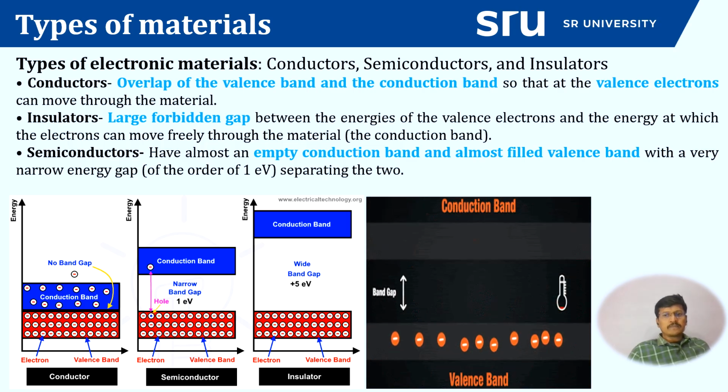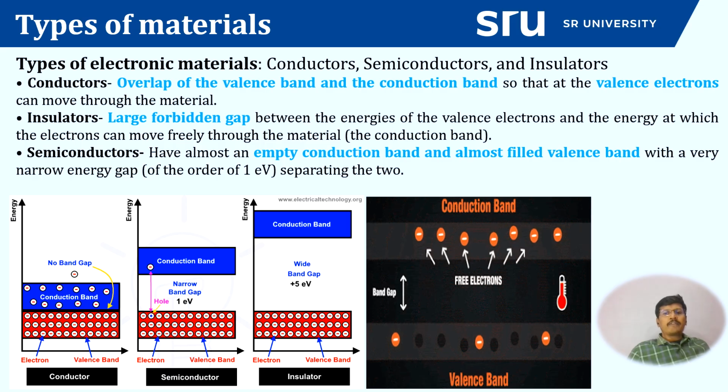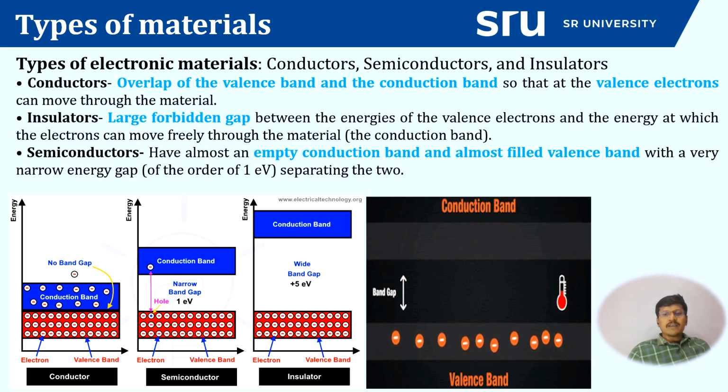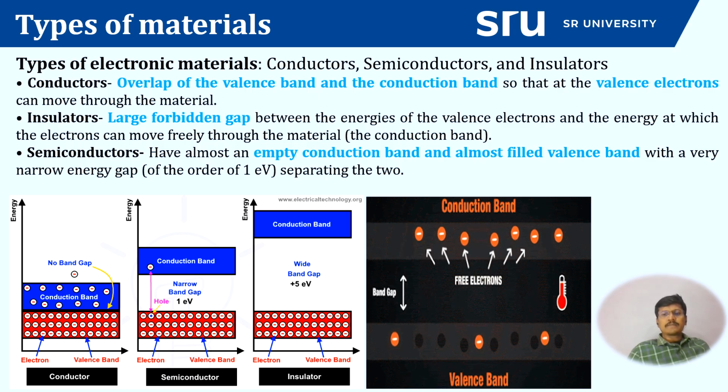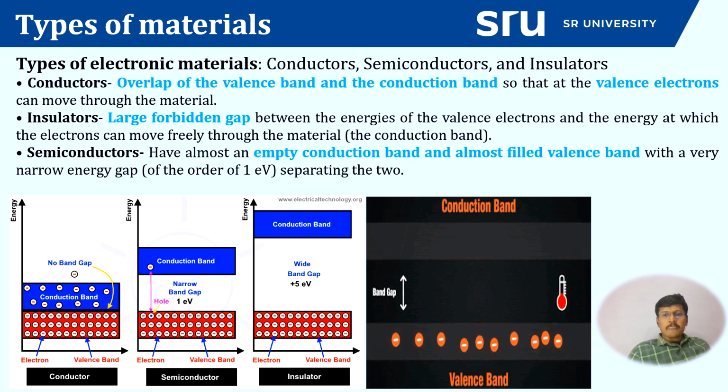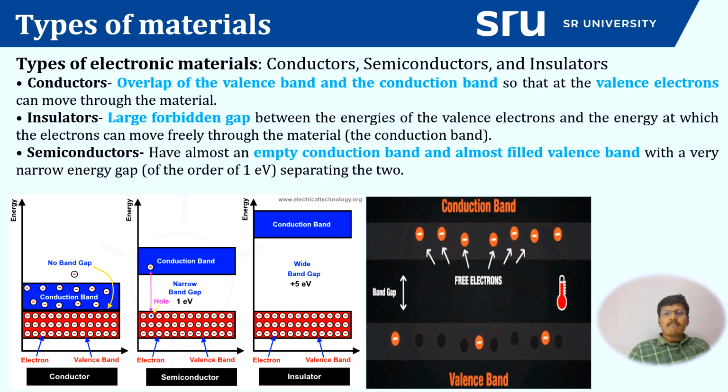You can see how the electrons are excited from the valency band to the conduction band and they become free. When an electron is excited from the valency band to the conduction band, that creates vacant positions in the valency band. Those vacant positions are referred to as holes. So finally, the conduction band is occupied with electrons and the valency band is occupied with holes.